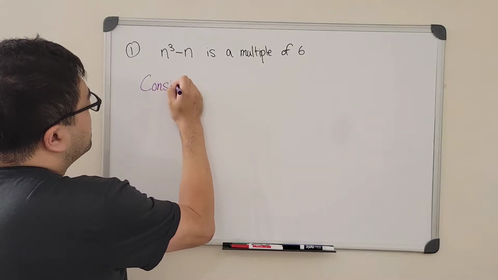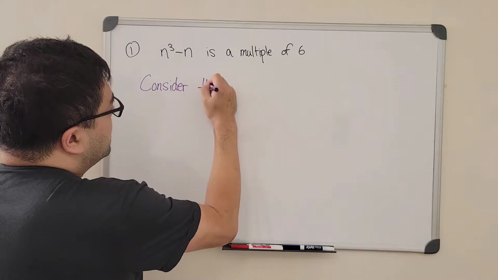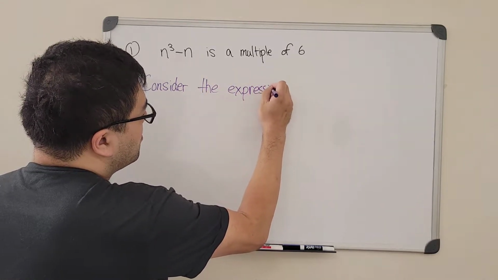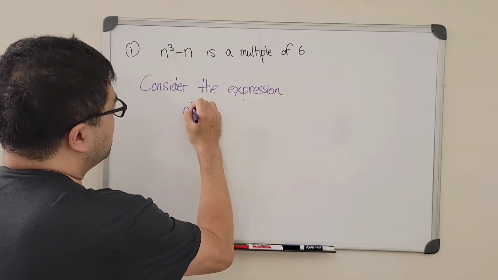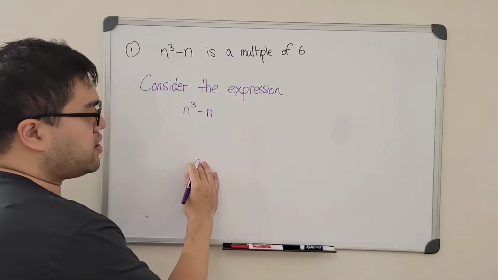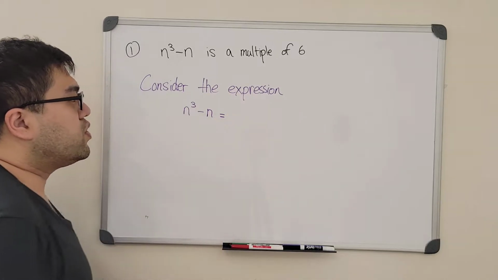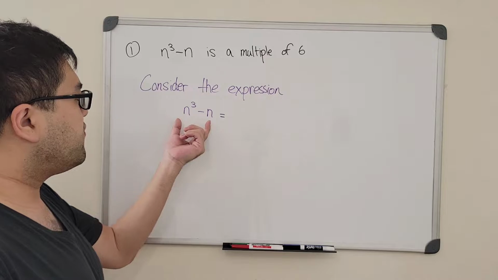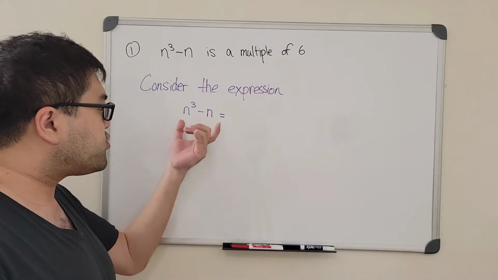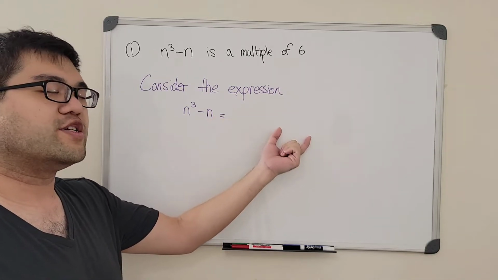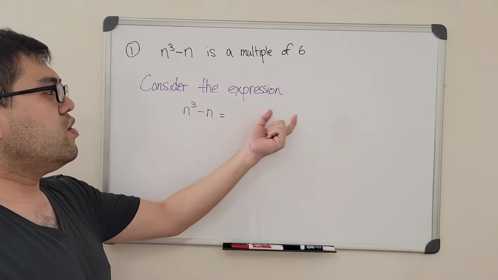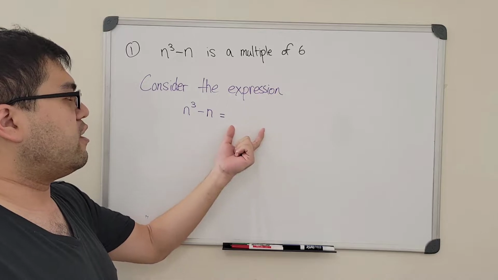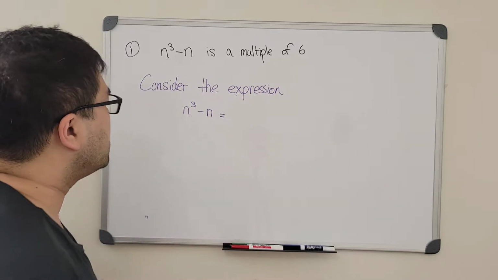So consider the expression n cubed minus n. Since we want to show that it's a multiple of some number, the best way to figure it out is, of course, trying to make it into some products. And then we will figure out what we can do in each part of the product and try to set up cases.